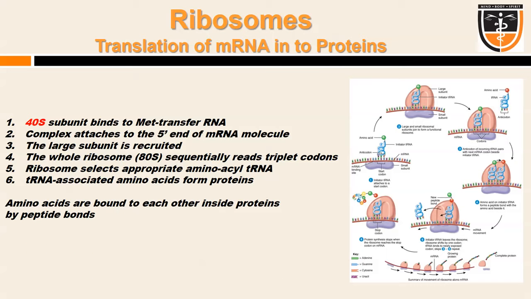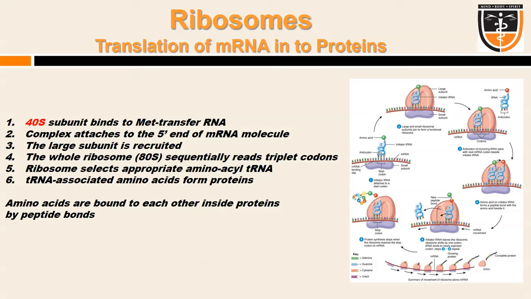I'm going to touch upon the role of ribosomes. We all know that ribosomes are involved in the production of protein. Okay? So this is the process of translation of the genetic code into the protein sequence, into the amino acid sequence in a protein. That's where the main role is. So we know that the 40S subunit will first bind to the initiator tRNA.